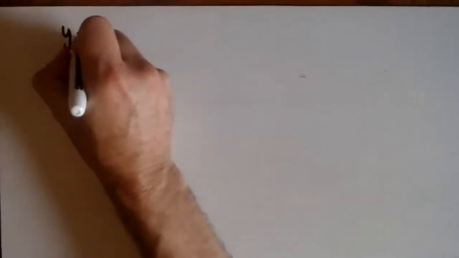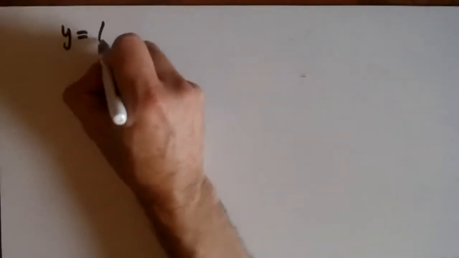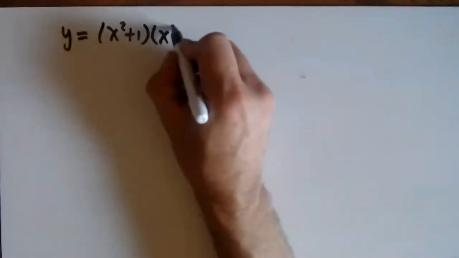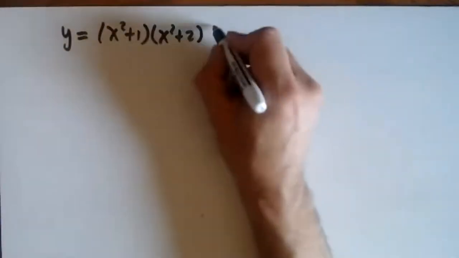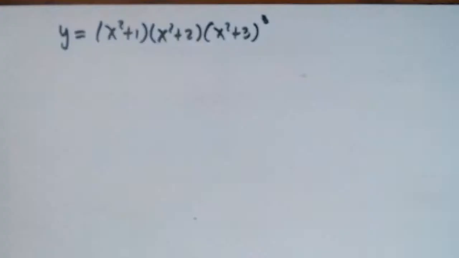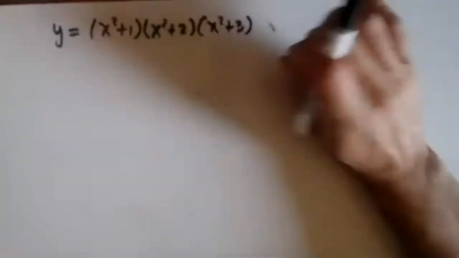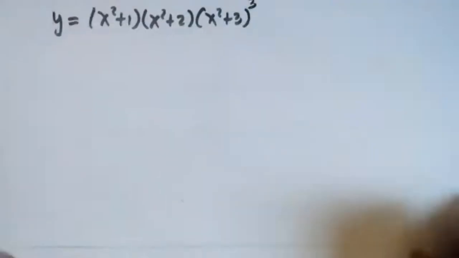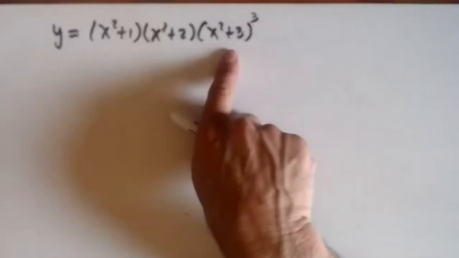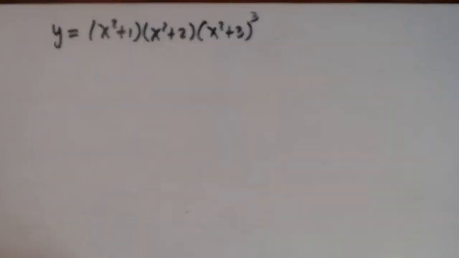Now the problem is going to be y equals x squared plus 1 times x squared plus 2 times x squared plus 3 cube. Okay? Now, this one is more difficult because, yeah, multiply these two, no problem, but expand and multiply, you're going to have a big monster.